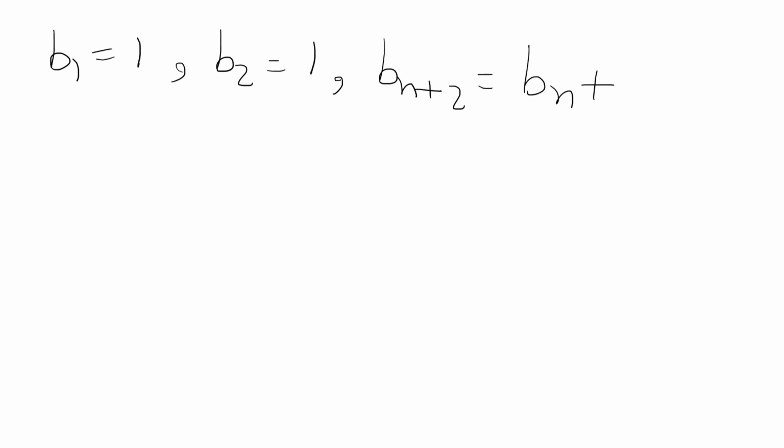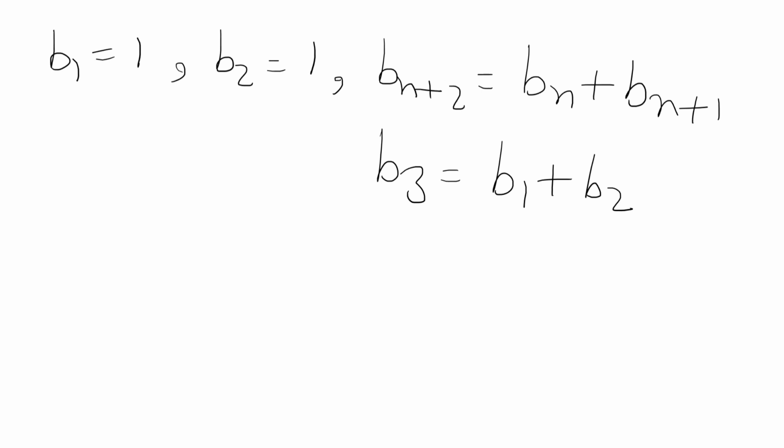It is given that b1 is equal to 1, b2 is equal to 1, and also b(n+2) is equal to bn plus b(n+1). Therefore b3 will be b1 plus b2, taking n equal to 1 here.